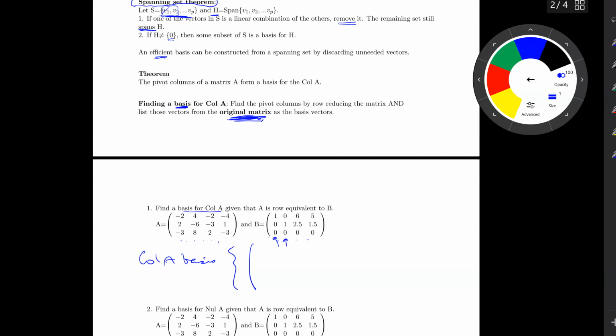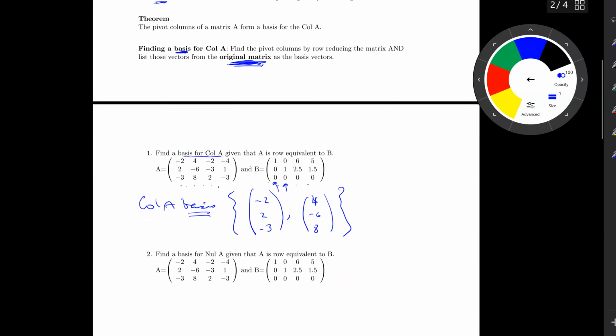But remember, I have to go back to the original matrix: (4, -6, 8). So these two vectors span Col A and are linearly independent, so they form a basis for Col A.